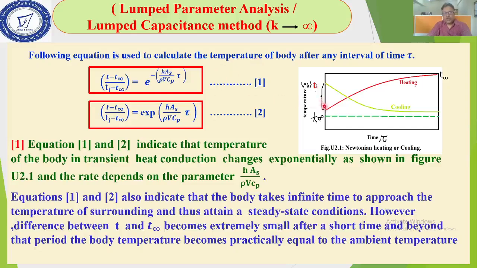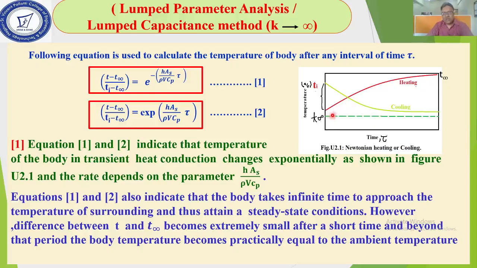However, as you can also see here, the difference between T and T infinity, of the body and surrounding respectively, becomes extremely small after a very short period of time, and beyond that period of time the temperature of the body almost becomes equal to the temperature of the surrounding.